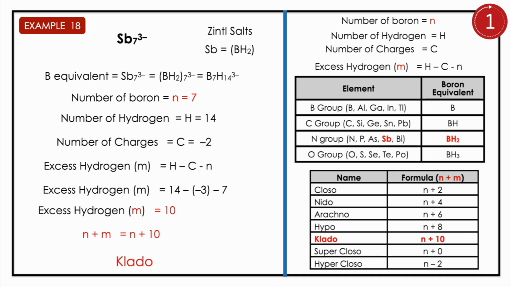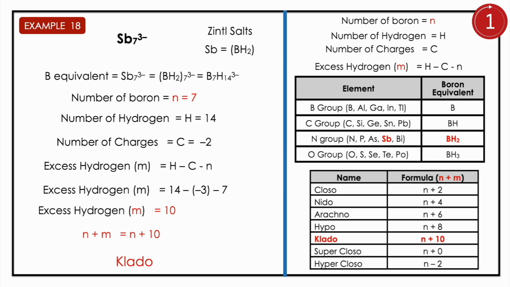You can find the structure using Wade's rule. First step will be counting the boron. There are 7 borons, so N equals 7. Number of hydrogens is 14, so H equals 14. Charge is minus 3, so C is minus 3. Excess of hydrogen will be M equals H minus C minus N, that is 14 minus minus 3 minus 7.